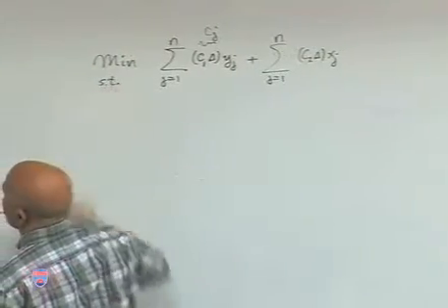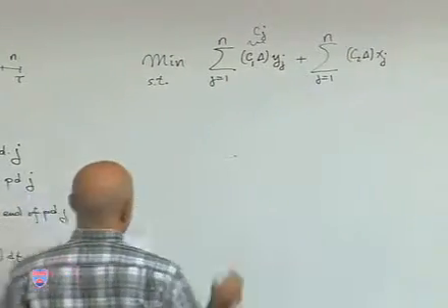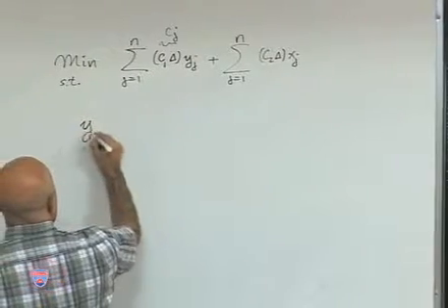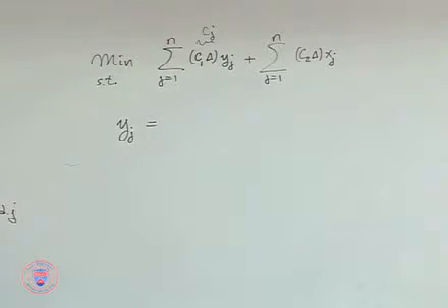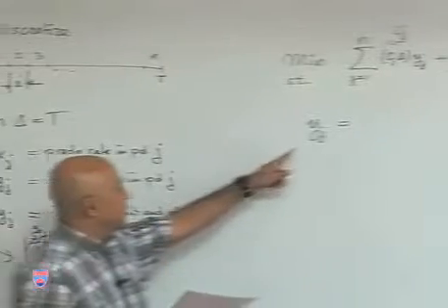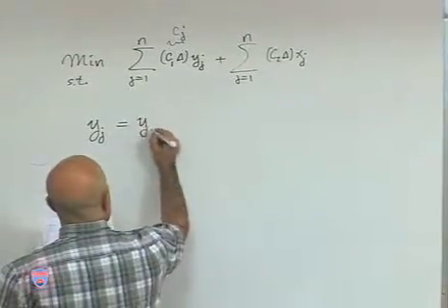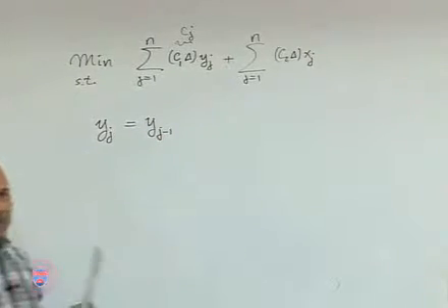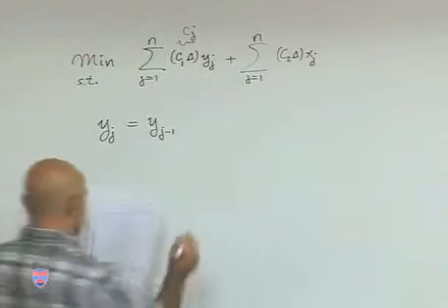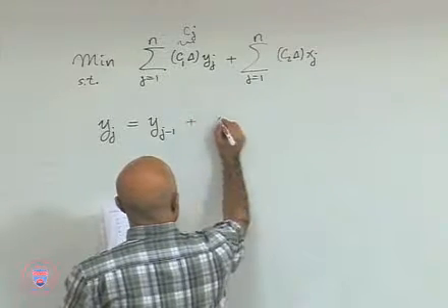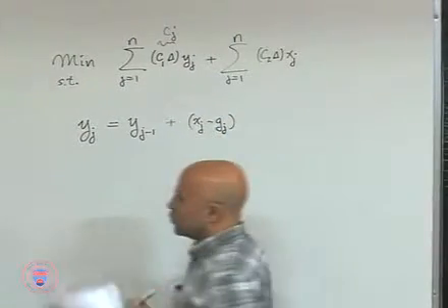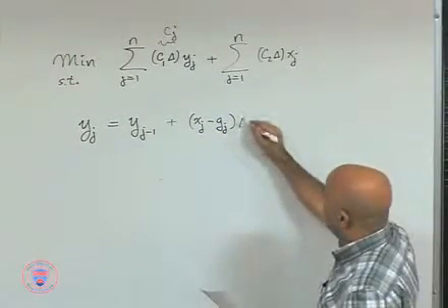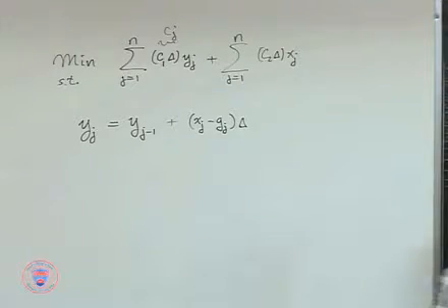Subject to what you have in, let's see, yj is the inventory at the end of period j. So at the end of period j, you have yj. That's going to be what you had at the beginning of that period, yj minus 1, plus what you produced, that's your xj, minus what you consumed, the average demand, of course, multiplied by delta. Okay?